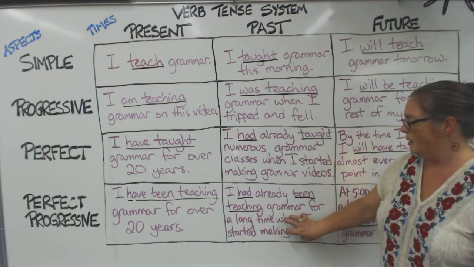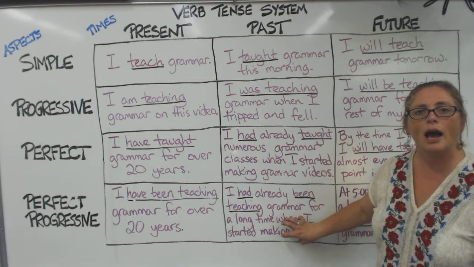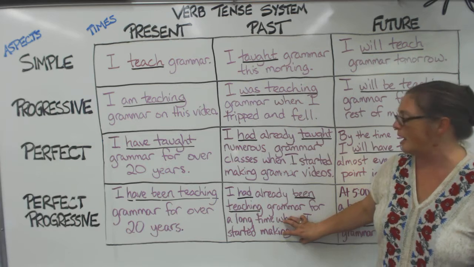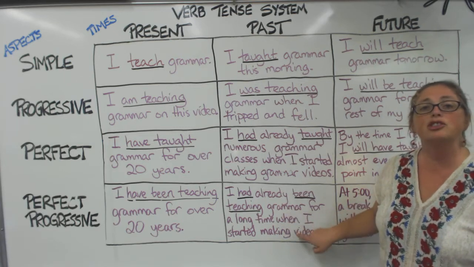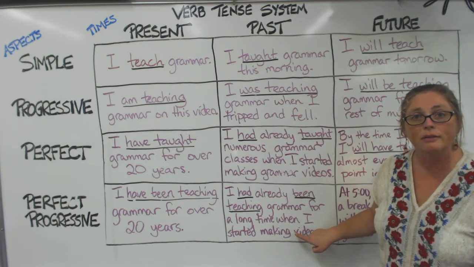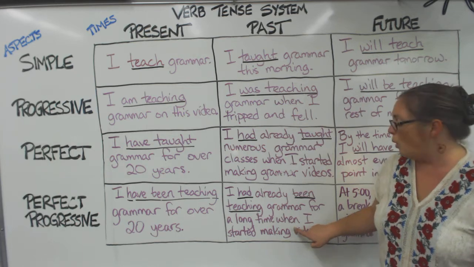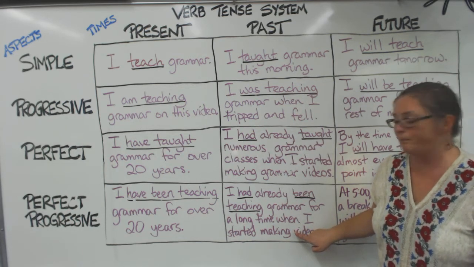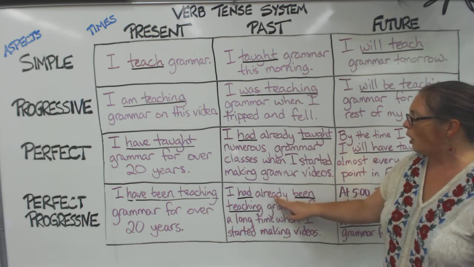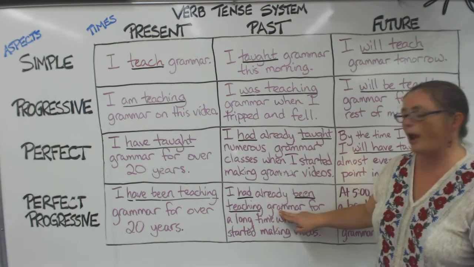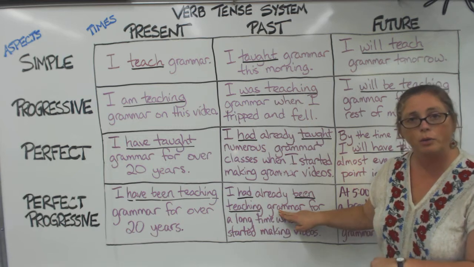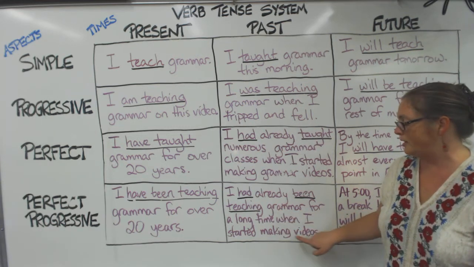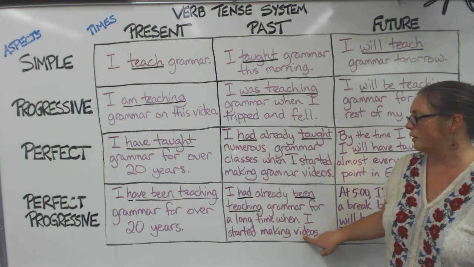This is my point in time, my past point. I want to say that something started before this and was not finished at this time. So I had already been teaching grammar. This started before and was not finished when I started making videos.